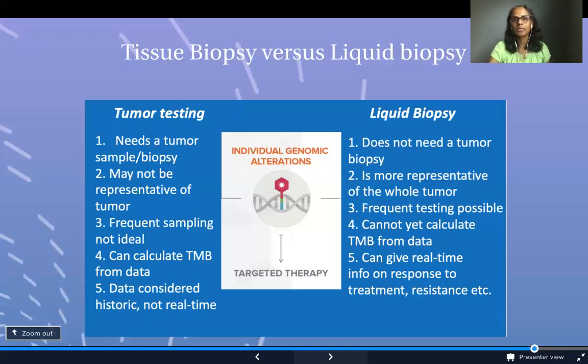Are there new mutations? And is that the mechanism of how the tumor has become resistant to this particular treatment? So this is a direct comparison of the differences, advantages and disadvantages of tumor testing versus liquid biopsy.